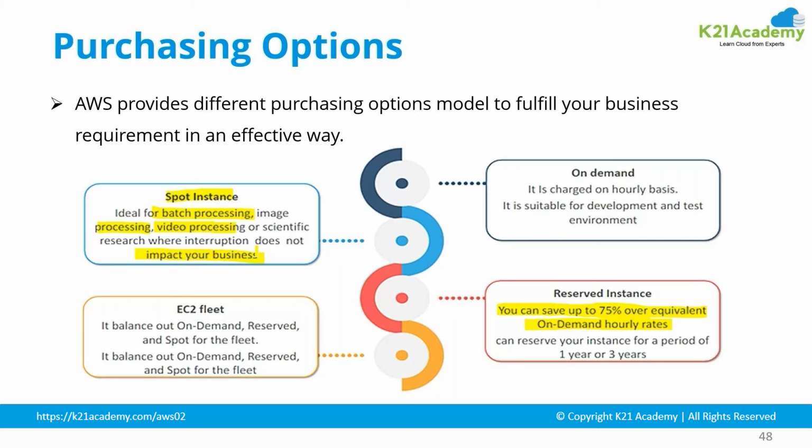If some task is going on and it gets interrupted in between, then there should not be any impact on your resource or service. Suppose you have got a picture which is required to be reformatted into three different sizes. That task can run on spot because the original picture you are already having.